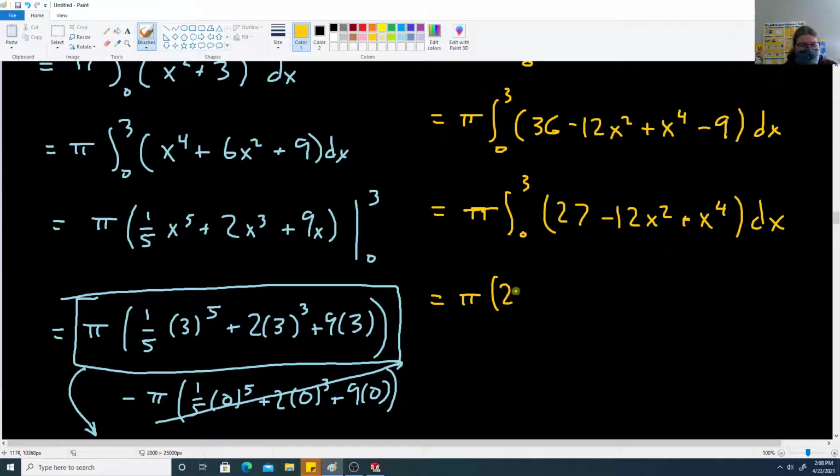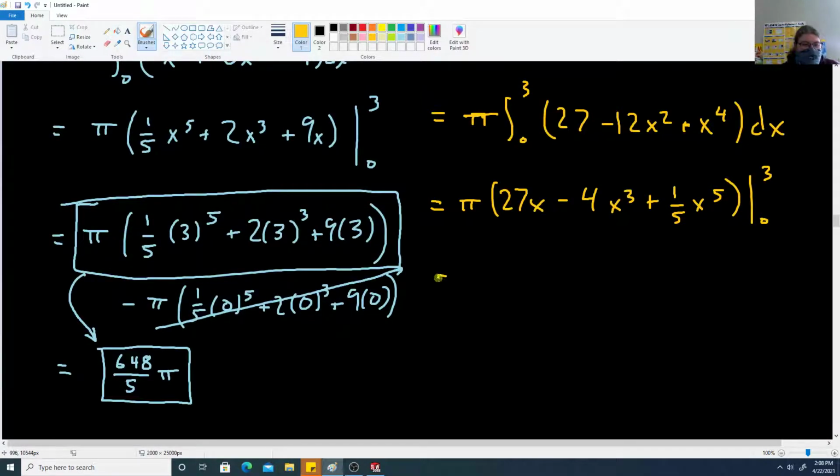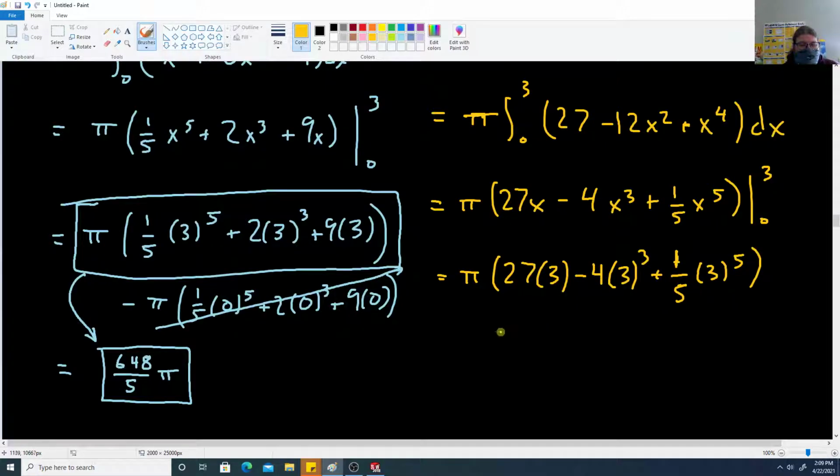This will go, 27 goes to 27x. 12x squared, the x squared goes to 1/3 x cubed. 1/3 of 12 is 4, so this will be minus 4x cubed. And x to the 4th will go to 1/5 x to the 5th, integrated from 0 to 3. So what we'll get is all this stuff with 3 substituted in, and then we'll subtract from it all of this stuff with zeros plugged in.